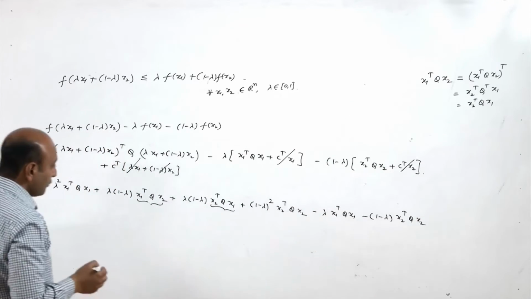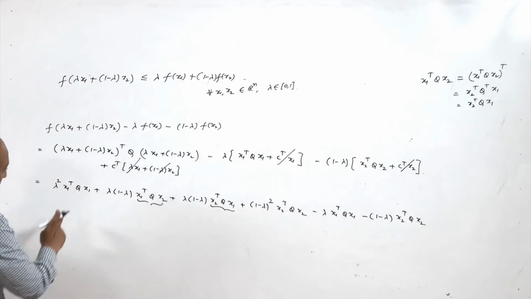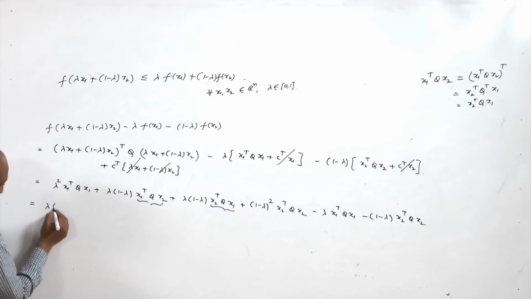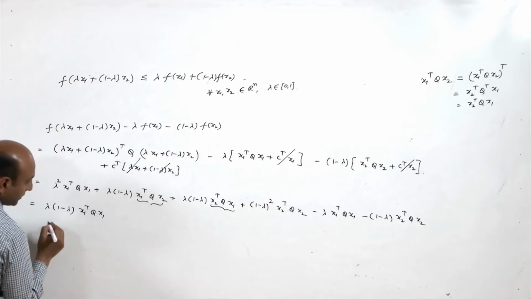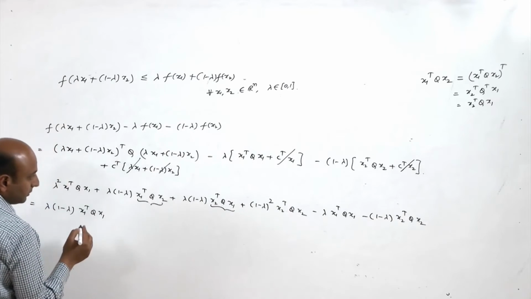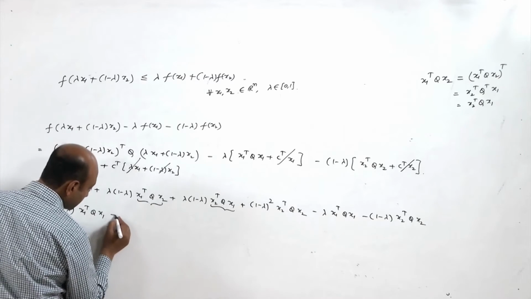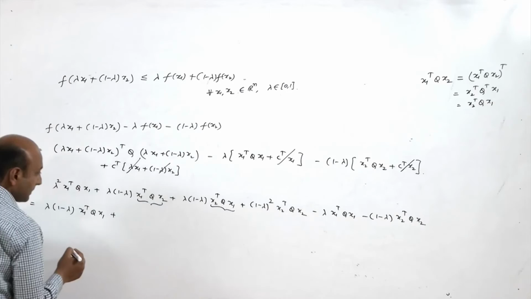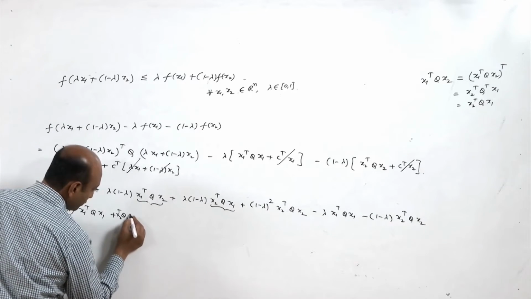So, we can write this as, and we can club these two terms. So, it is lambda into 1 minus lambda x1 transpose Q x1. We can club these two terms also by taking 1 minus lambda common. Plus we can take x2 transpose Q x2 common.